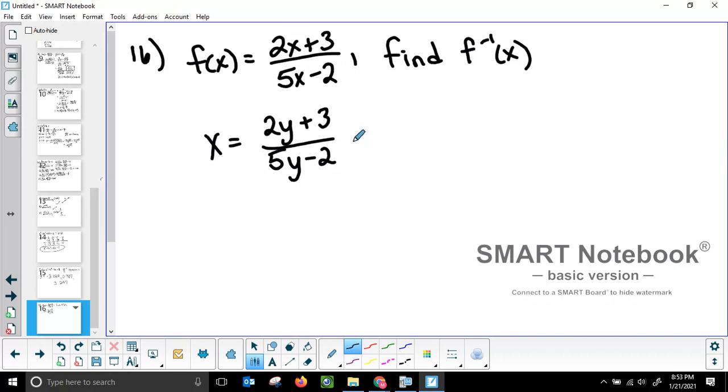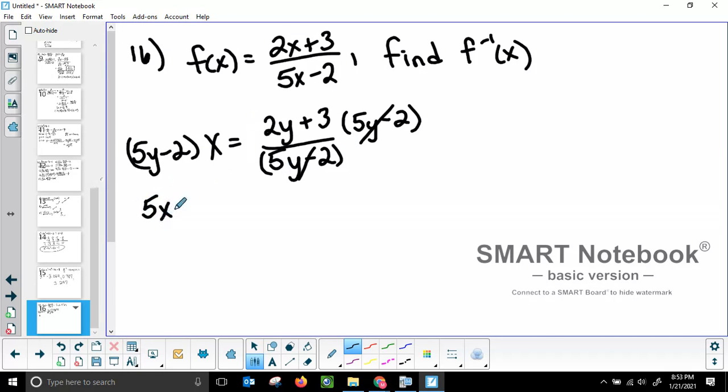Then we have to solve for y again. First I'm going to multiply both sides by 5y minus 2. Then I distribute here, so I'll get 5xy minus 2x is equal to 2y plus 3.